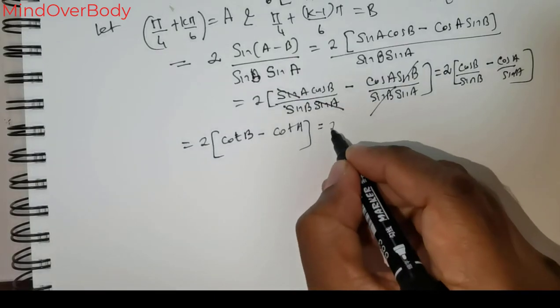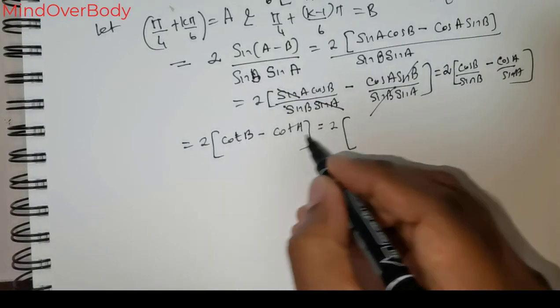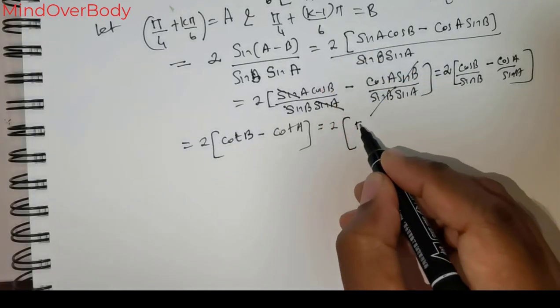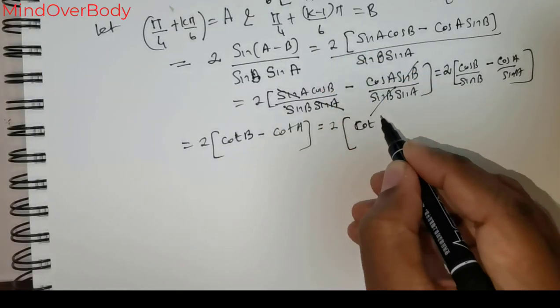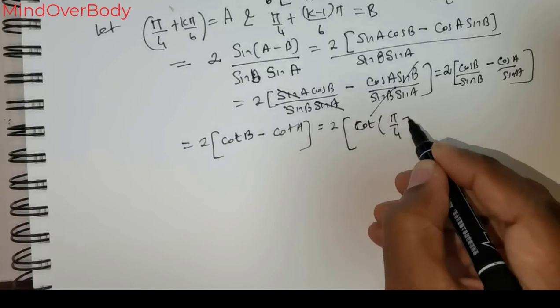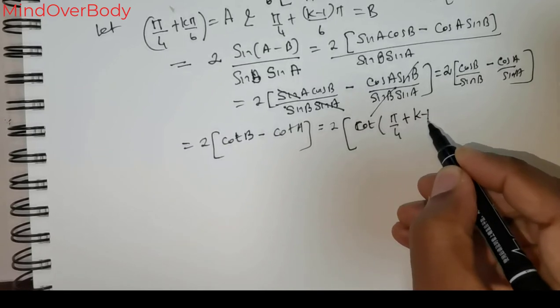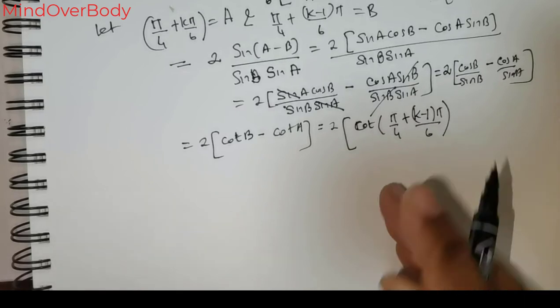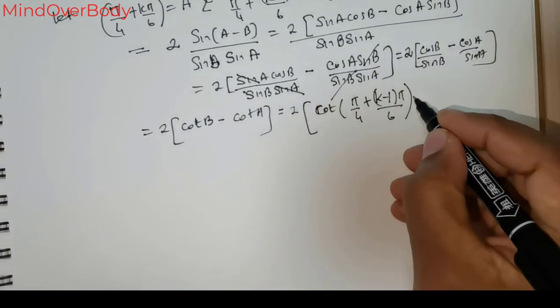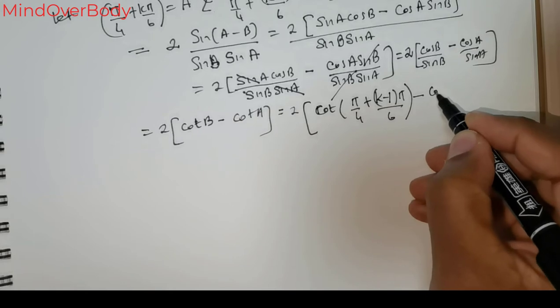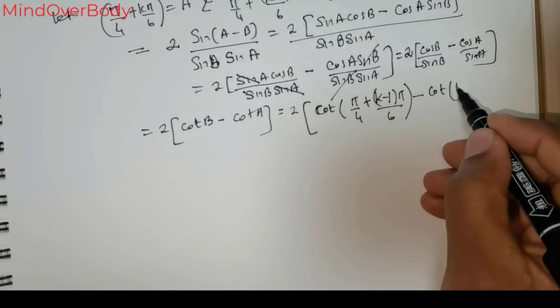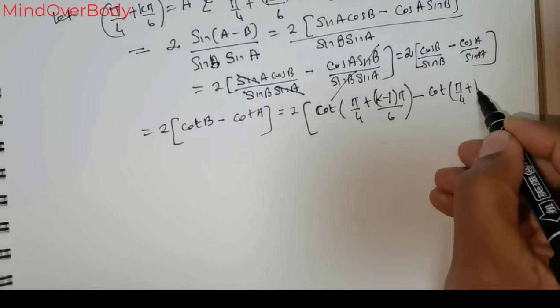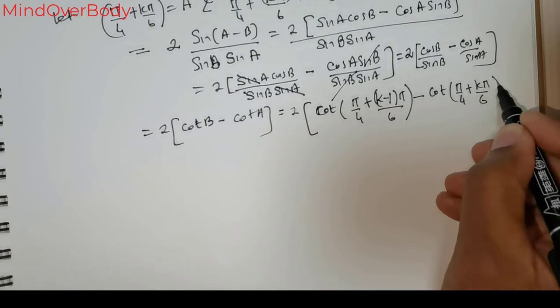So this is equal to 2 times cot of pi over 4 plus k minus 1 times pi over 6, which is for B, followed by minus cot of A, which is pi over 4 plus k pi over 6.